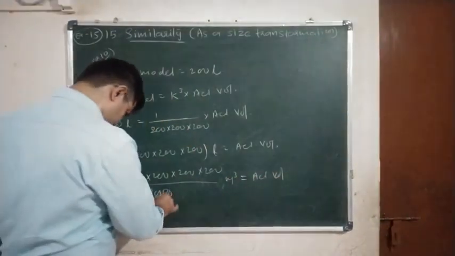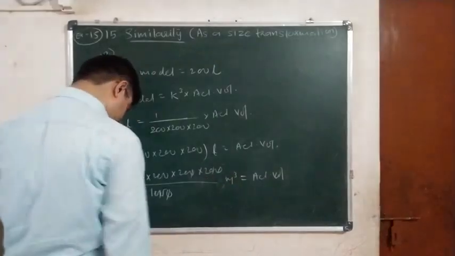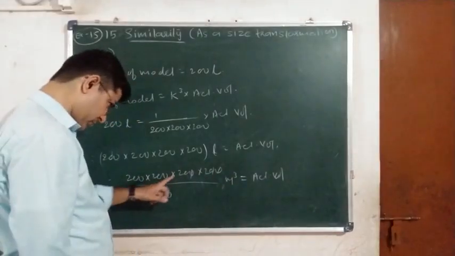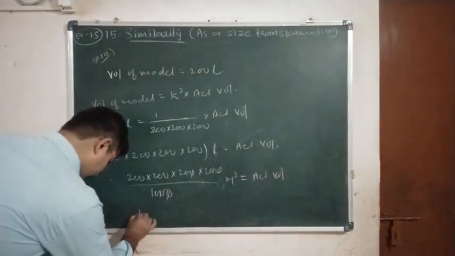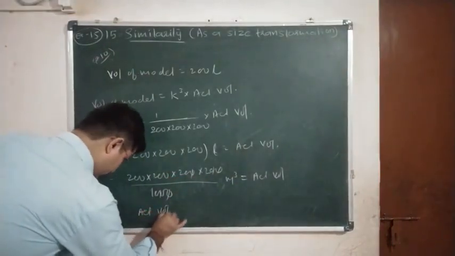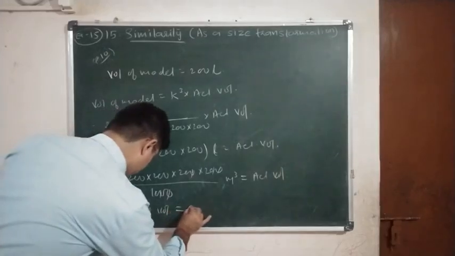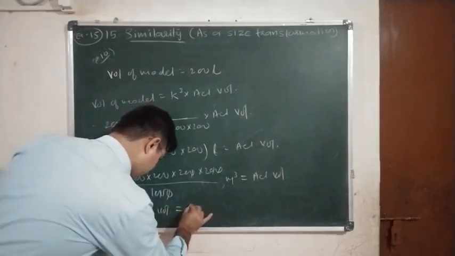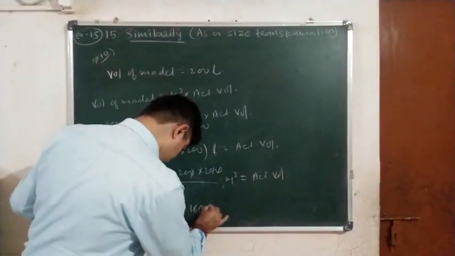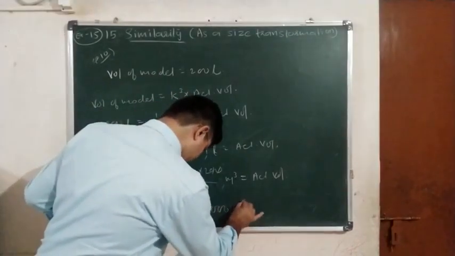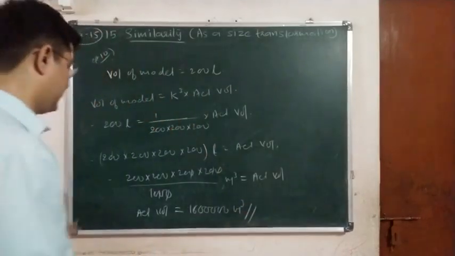Okay, so 1 2 3, 1 2 3, 2 to the 4, 4 to the 8, 8 to the 16. Therefore actual volume is equals to 2 to the 4, 4 to the 8, 8 to the 16, 1 2 3 4 5 cubic meters. Clear?